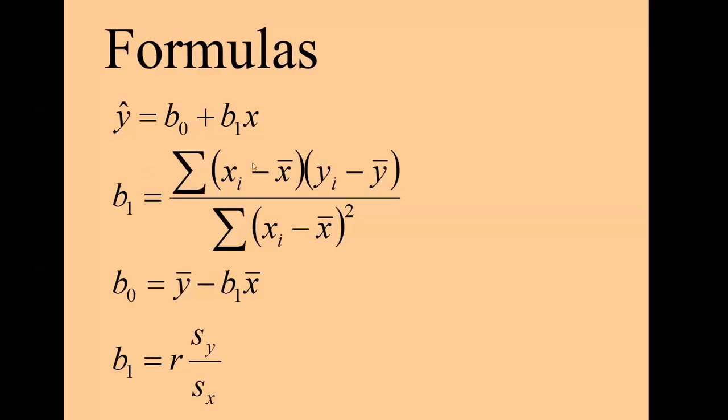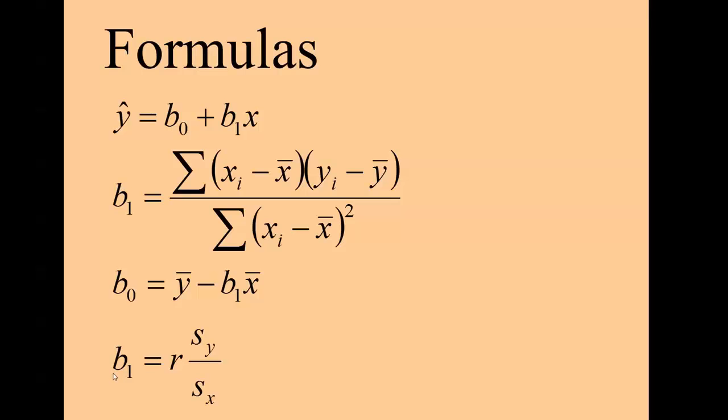This is if we're given specific data about observations and means. We could use this to calculate B1. B1 is symbolically represented by the slope. B naught, this B sub 0, is representative of the y-intercept, or when x is 0. And so symbolically, that's how we calculate that.